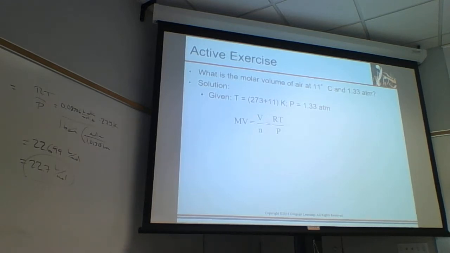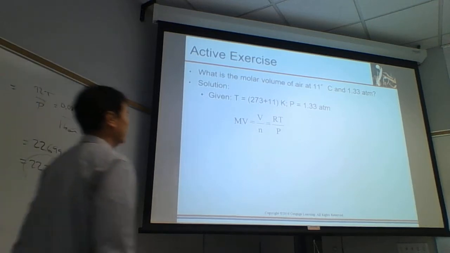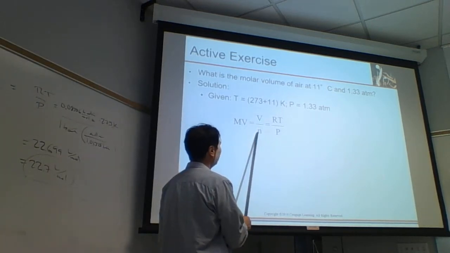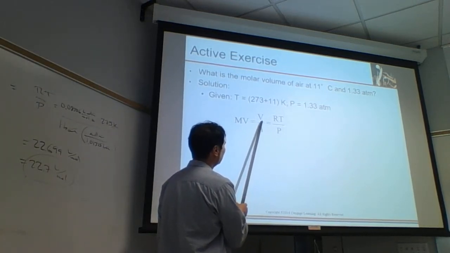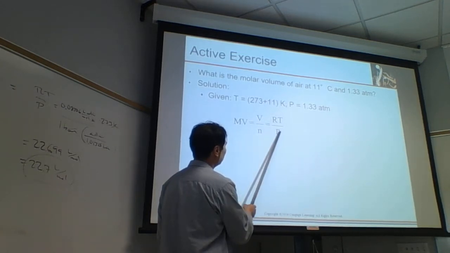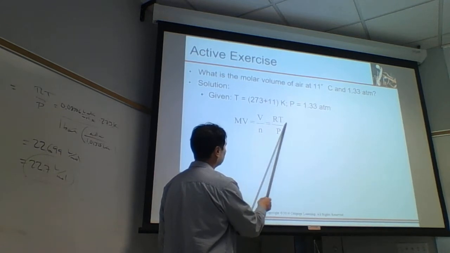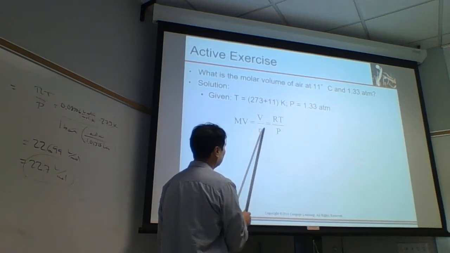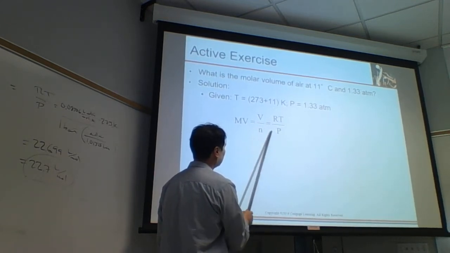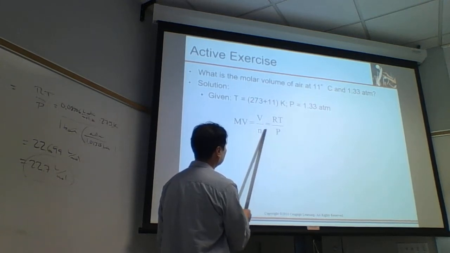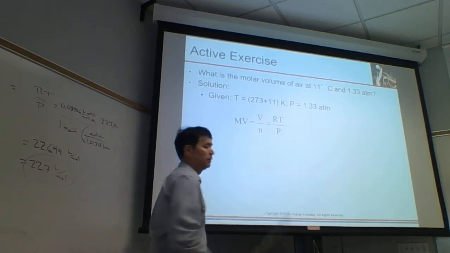Molar volume equation here, volume over N. And the other way of solving this is just put these two variables and solve the ideal gas law. That's what we come up with. PV is equal to nRT. So take the V divided by n, divide both sides by n, divide both sides by P. What do you get? RT over P.